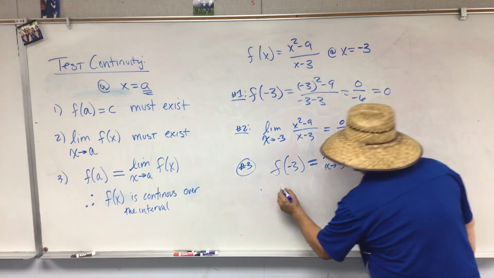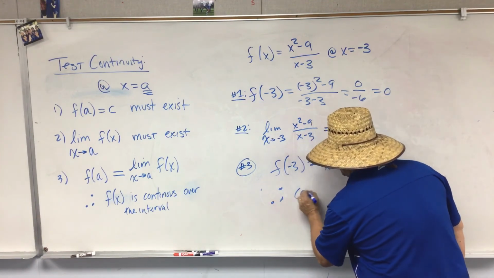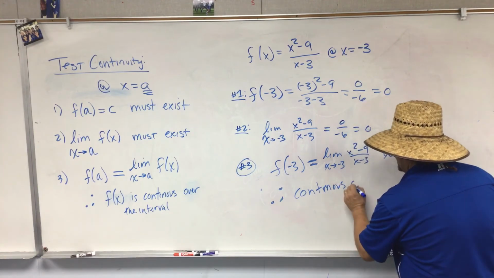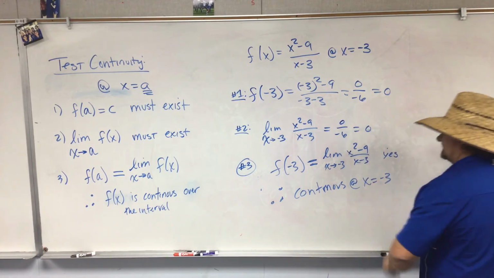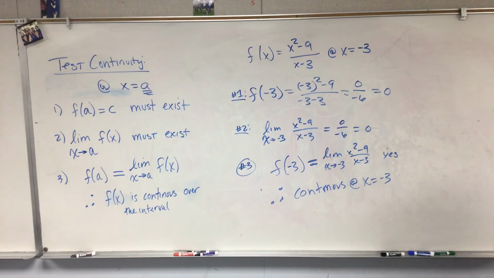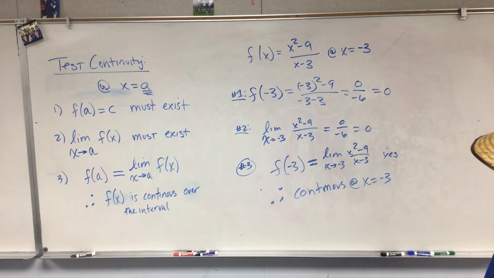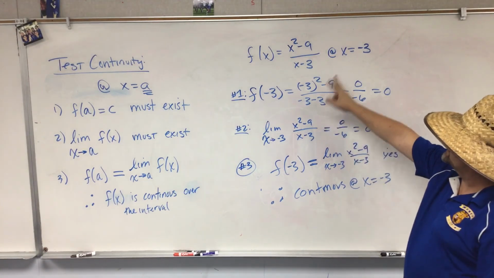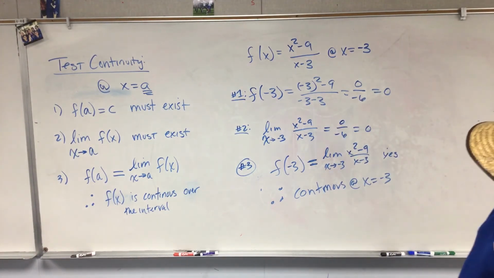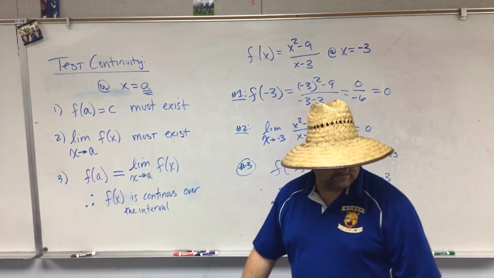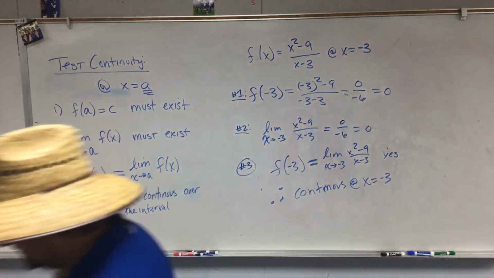Yes, therefore it's continuous at x equals -3. Okay? So that's kind of the idea of how you tackle these. You could have factored this, and it would have still gotten the same answer. So there are always 3 steps right here. Okay, so let's look at this.